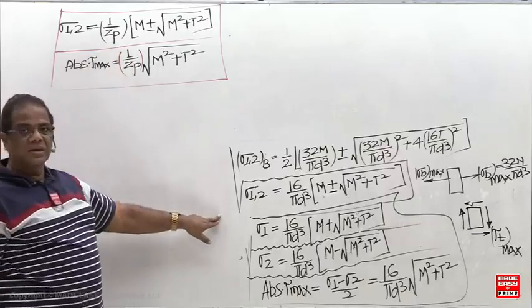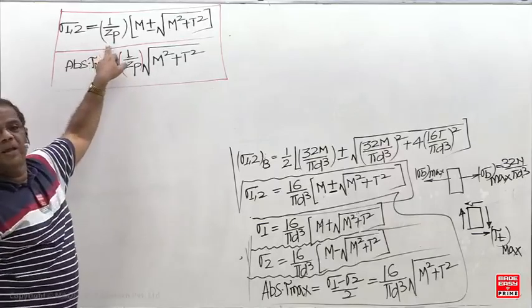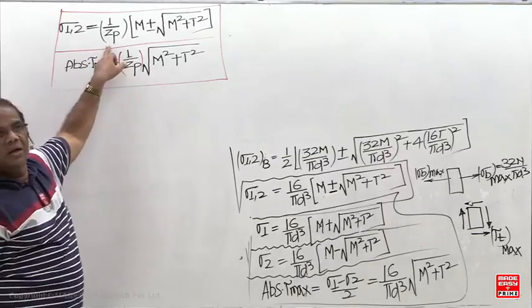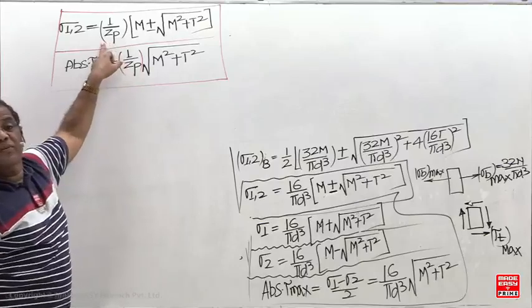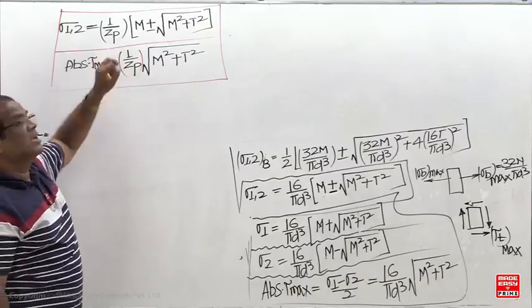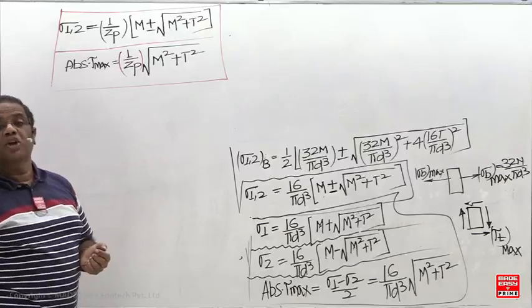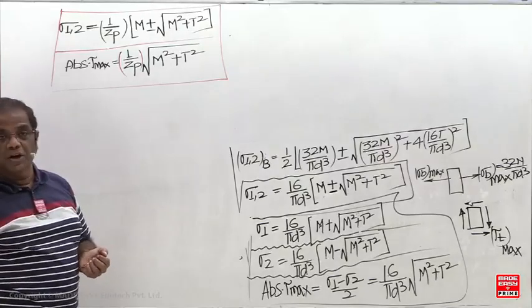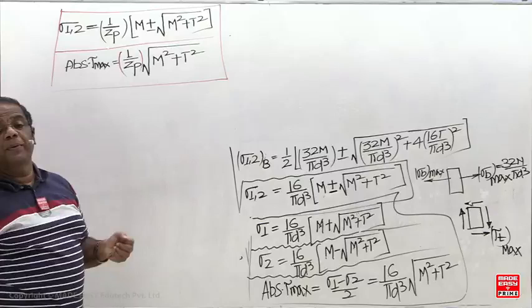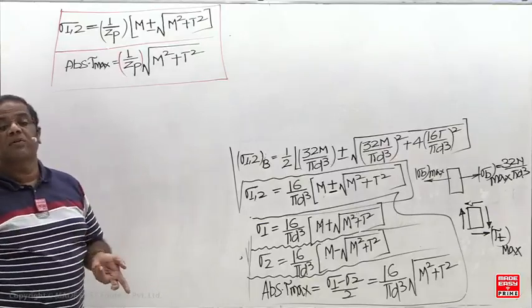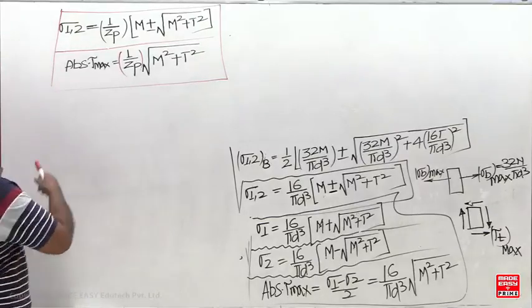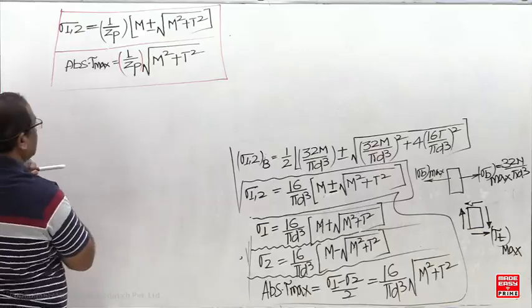Just now you have taken a solid circular. For solid circular, what is the ZP? Pi d cube by 16. If I ask the same question for a thick hollow, what is the ZP? Pi d cube by 16 into 1 minus k to the power of 4. And what is the ZP for a thin circular? Pi d square by 2. So this is valid for any circular cross section.